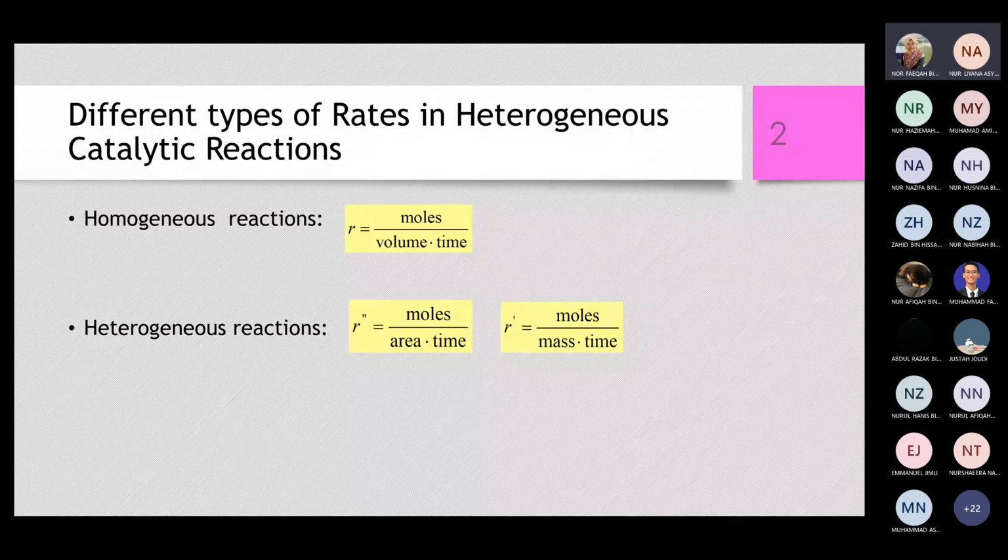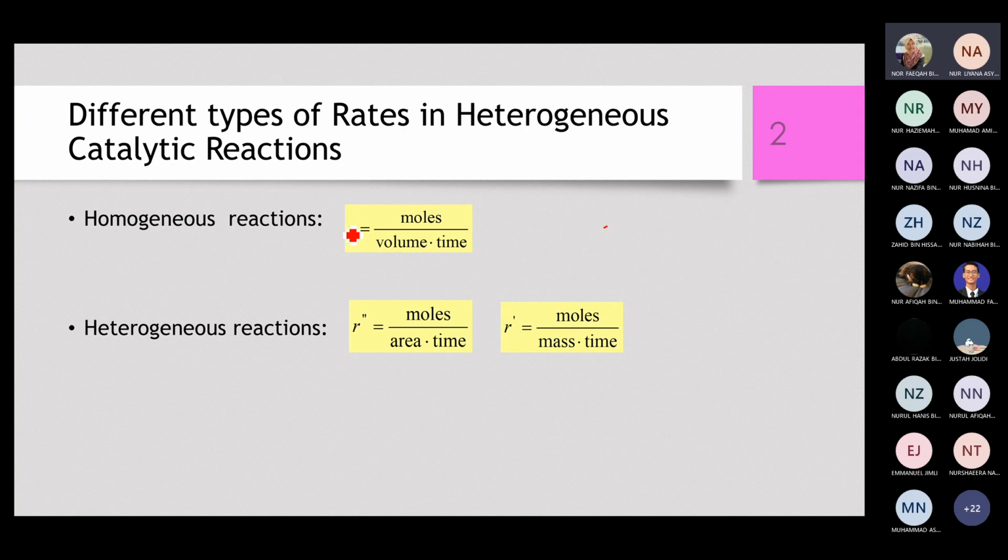Okay, first we look at the rate law equation, the difference between homogeneous reaction and heterogeneous reaction in terms of the units of rate reaction. Okay, so for homogeneous reaction, moles per volume per time. So yang ni what you have learned in reaction engineering 1.